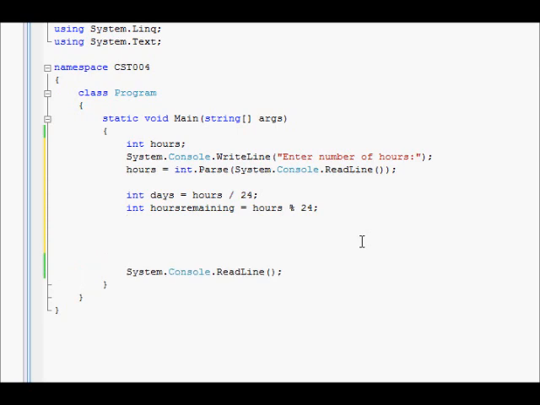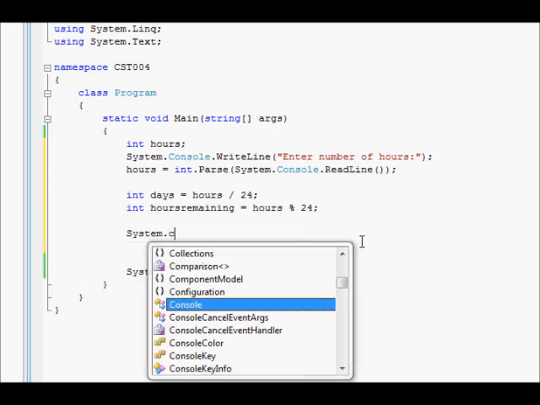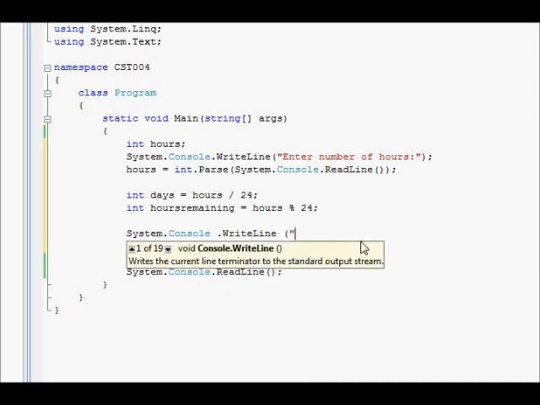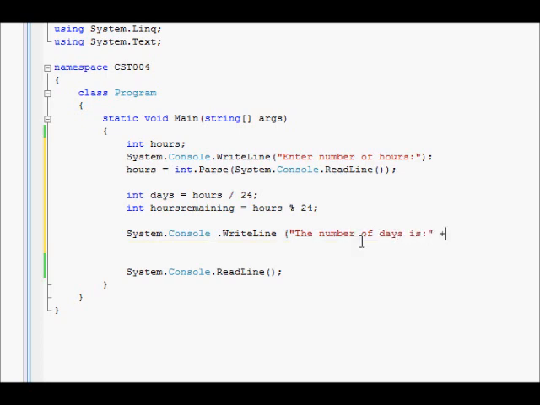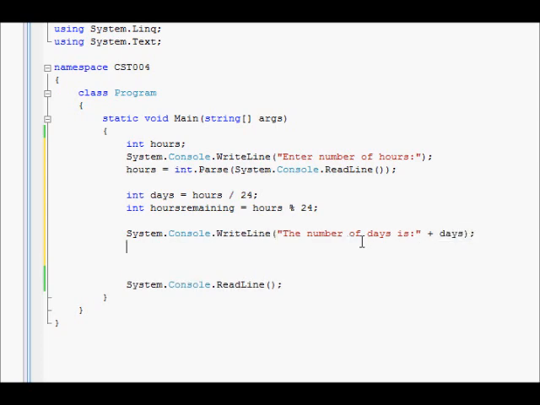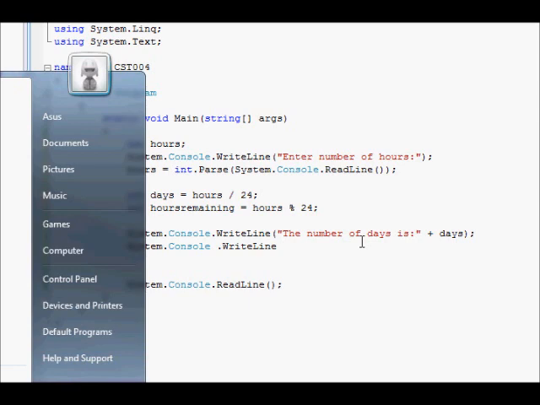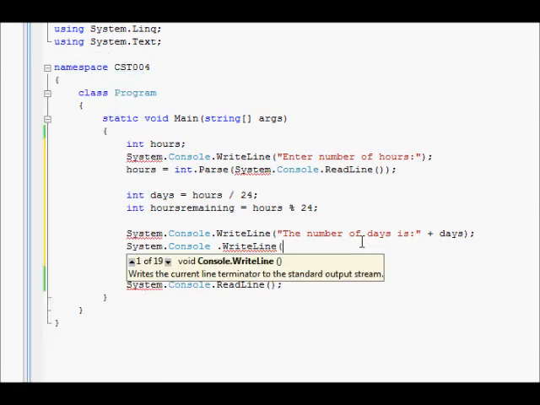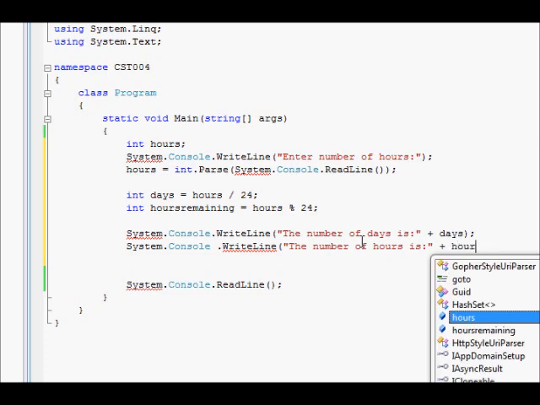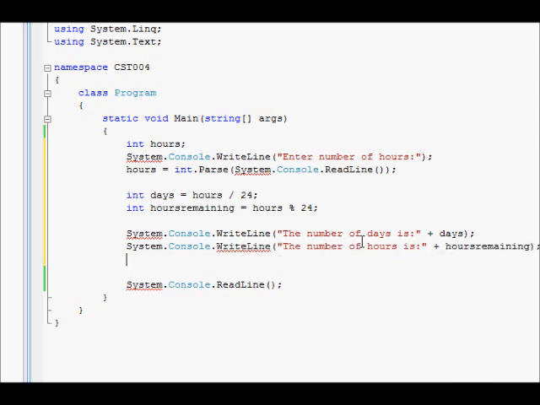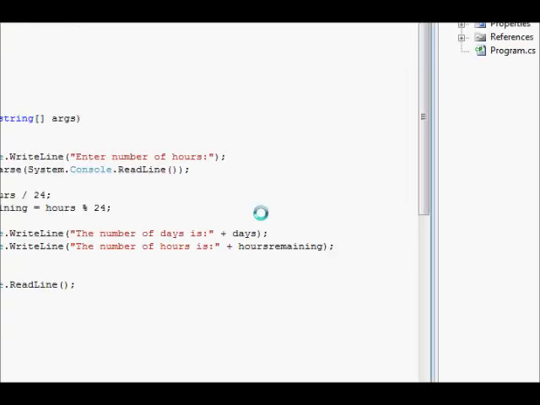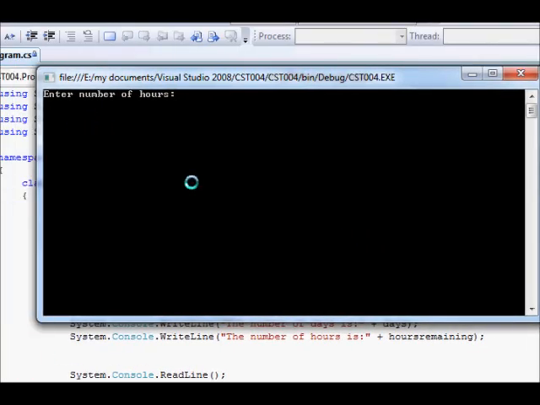So this is the remaining hours, and now you could say System.Console.WriteLine the number of days is, and you write this, and System.Console.WriteLine the number of hours remaining. Very easy, very straightforward. So let's run this and see how we could use this.